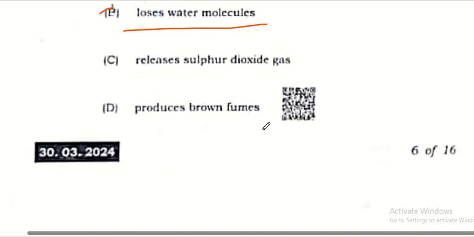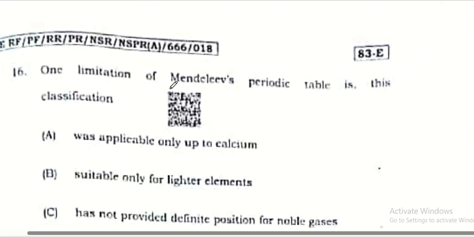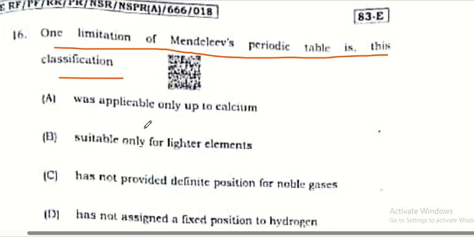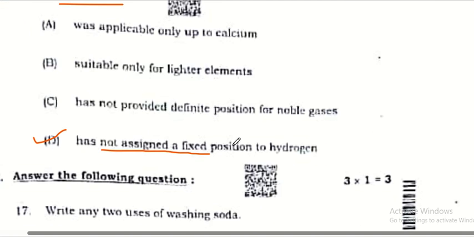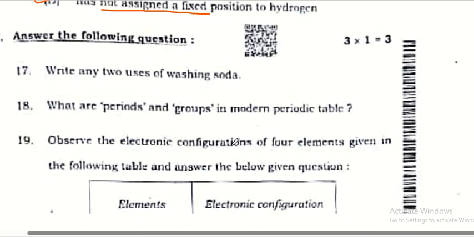Option B is the correct answer. Then, one limitation of Mendeleev's periodic table is this: hydrogen cannot be placed in the periodic table. Therefore, option D is the correct answer.